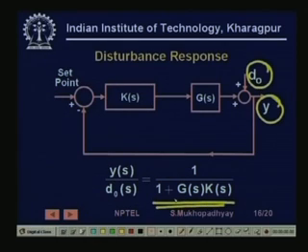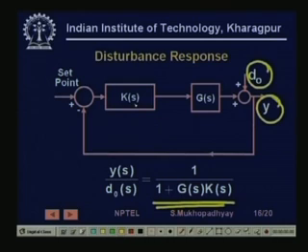Now again, it is not possible to exactly neutralize all kinds of disturbances, but one of the major kinds of disturbance is the step disturbance, that is, disturbances which change once or twice and then stay on. If you have step disturbances, then you can again see that if you have an integral, this term will go very high as s tends to 0.